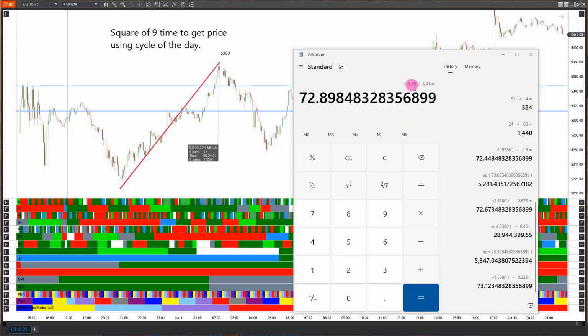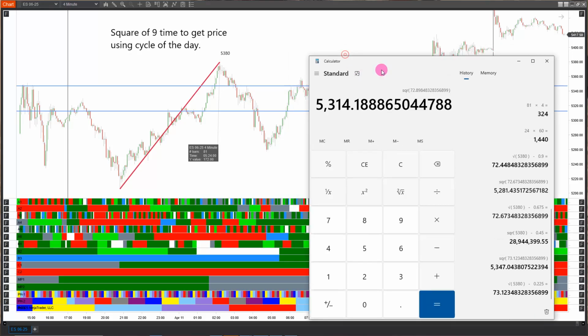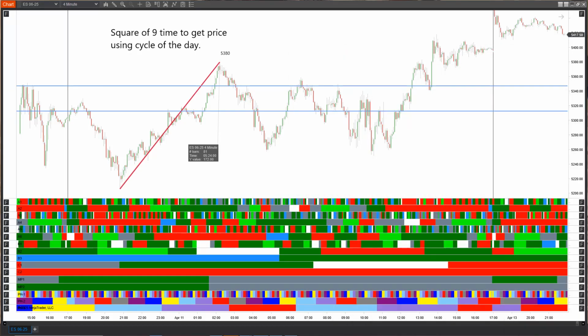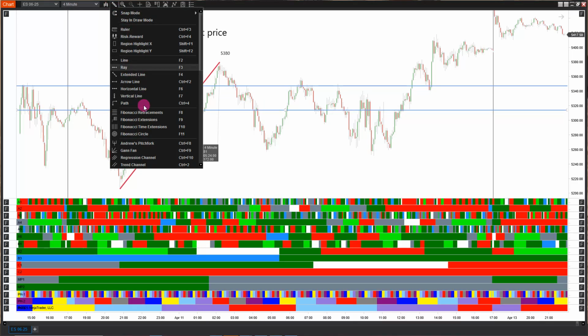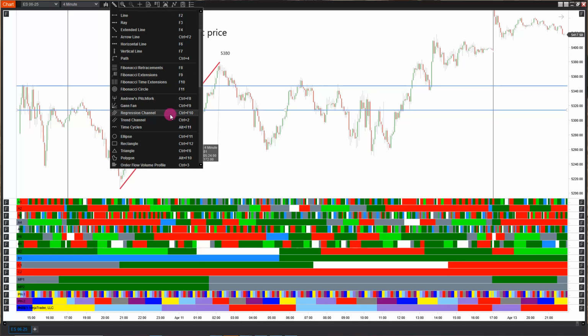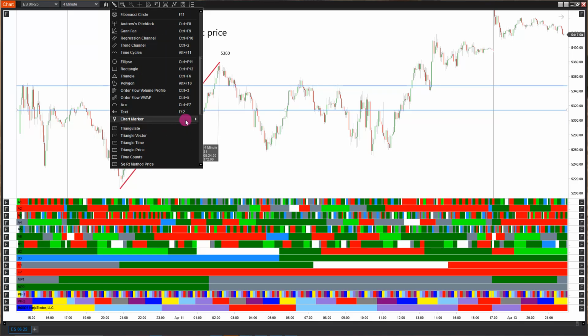Square root of 5380 minus 0.45 equals 72.89. Re-squared gives me 53.14, the next target. There's 53.14 right there, and we hit that and bounced off and then came back and went through. So each one of these is firing a reaction on the initial hit.